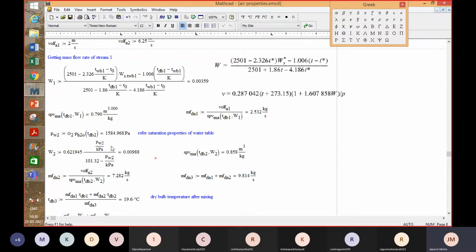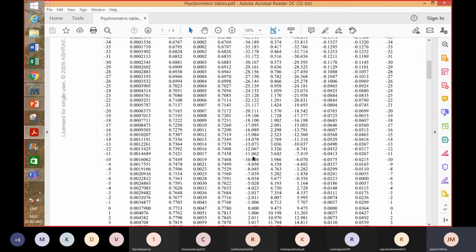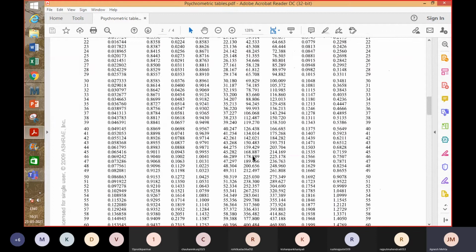But how do you get the vapor pressure? Vapor pressure at state 2 is nothing but the saturation pressure multiplied by RH. So how much is the saturation pressure? It depends upon temperature. What is the temperature? It is 25 degrees Celsius. You get this saturation pressure with the help of the saturation properties of water.